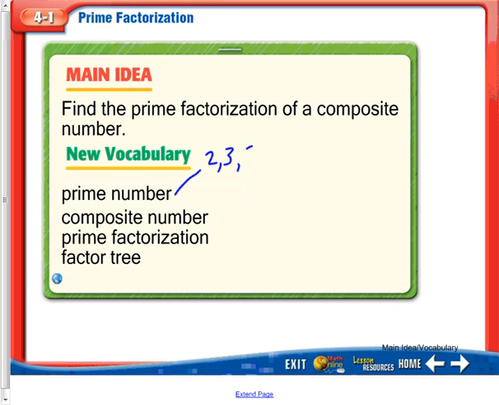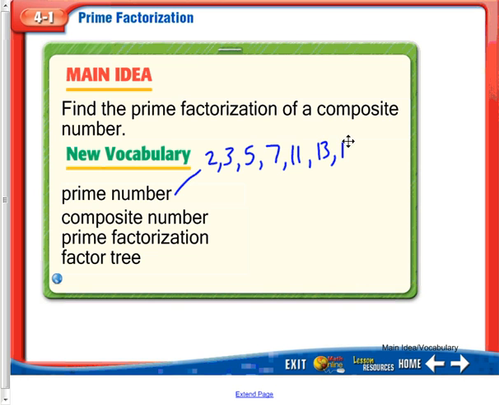So the next number is 5, and then 7, and 8 doesn't work because it's divisible by 2, and 9 doesn't work because it's divisible by 3, 10 doesn't work because it's divisible by 5 and 2, 11 is the next prime number, and then we have 13, and 14, 15, and 16 do not work because they're divisible by numbers that we've already listed.